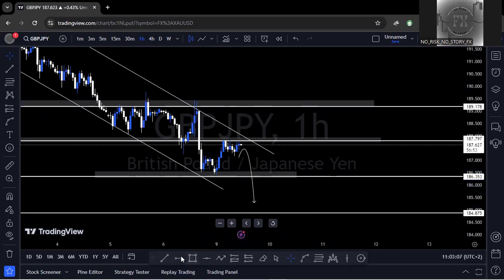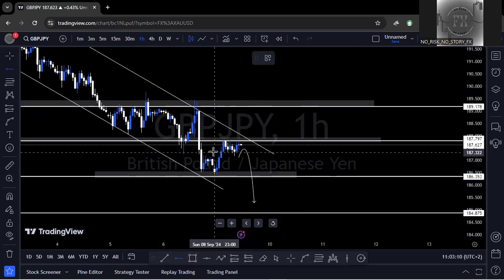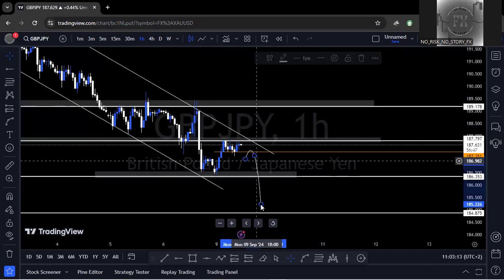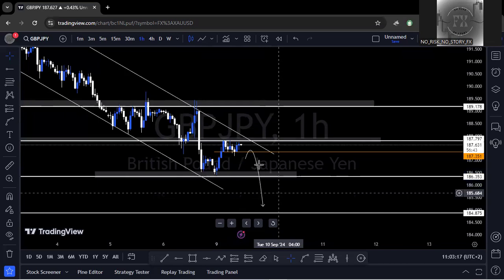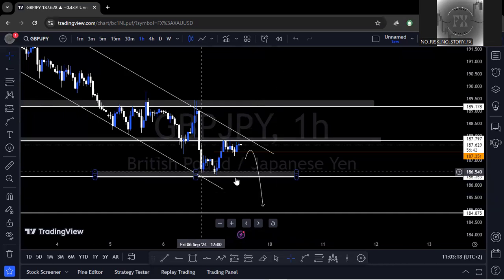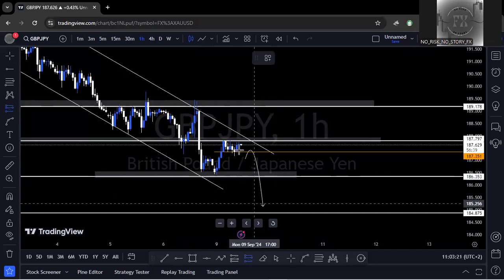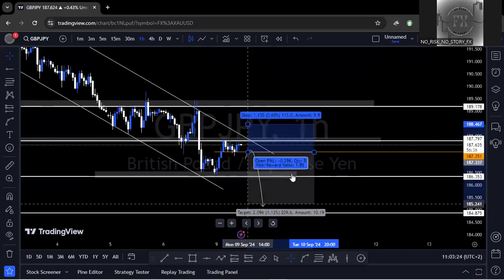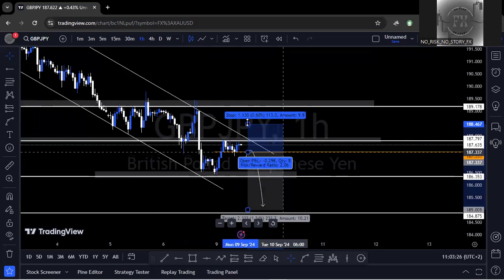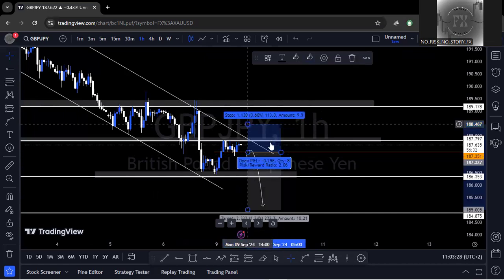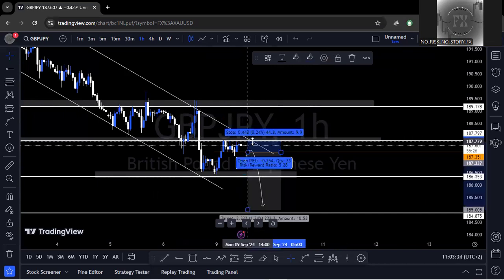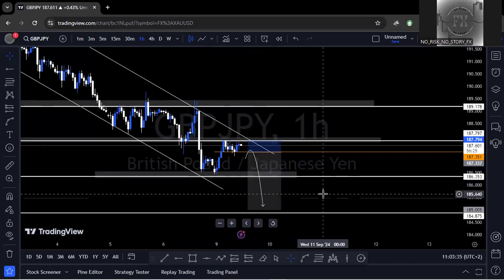So the market can just do this from this zone. And then the stop loss will be somewhere here. Confirm and just see what is the point.